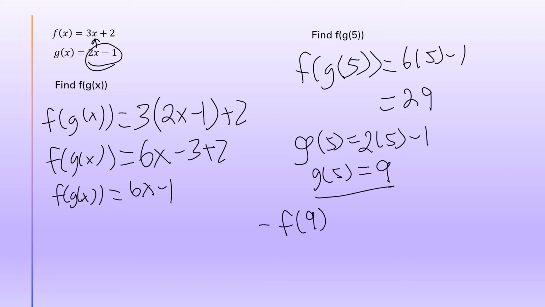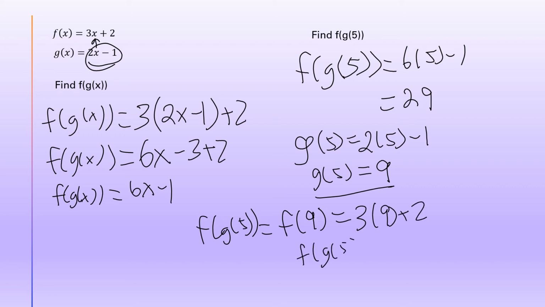So this equals f of g of 5 because g of 5 equals 9. And when we substitute 9 into x, we get 3 times 9 plus 2. F of g of 5 equals 29. So we get the same answer both ways.